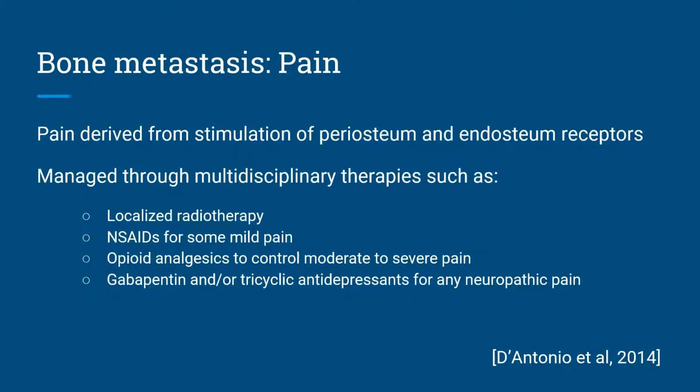This pain can be derived from stimulation of the periosteum and endosteum receptors, which has to be managed through multidisciplinary therapies such as localized radiotherapy, as well as non-steroidal anti-inflammatories for mild pain, but in severe cases can be managed with opioid analgesics. And then any neuropathic pain that can manifest can sometimes be managed with gabapentin and/or tricyclic antidepressants.